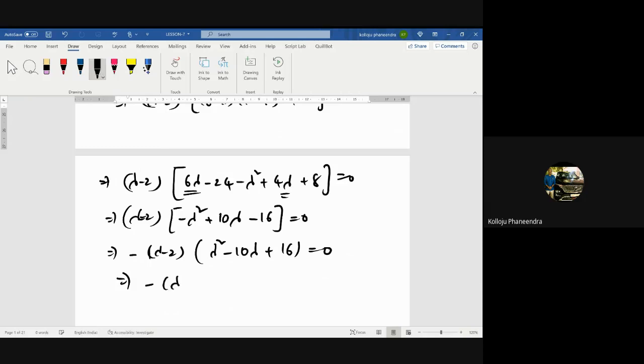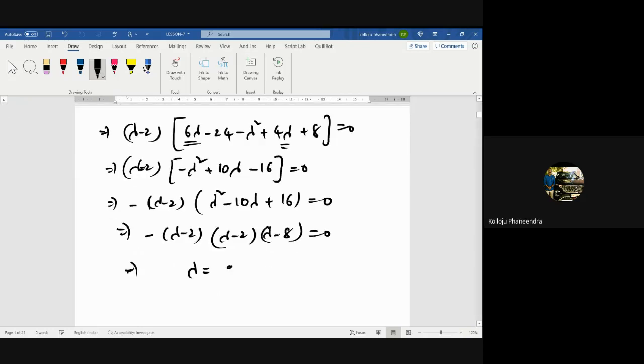So this is minus lambda minus 2, and factorizing, lambda minus 2 into lambda minus 8 equal to 0. So what are the eigenvalues of lambda? 2, 2, 8 are the eigenvalues, or latent roots.